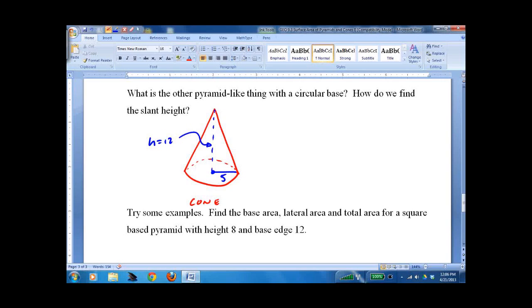And then we need the slant height. Since this is a right triangle, this would be 13 because 5 squared plus 12 squared equals 13 squared. Again, it's a triple. It's on my wall. So base area is just the area of the base. It's just pi r squared. It's a circle.